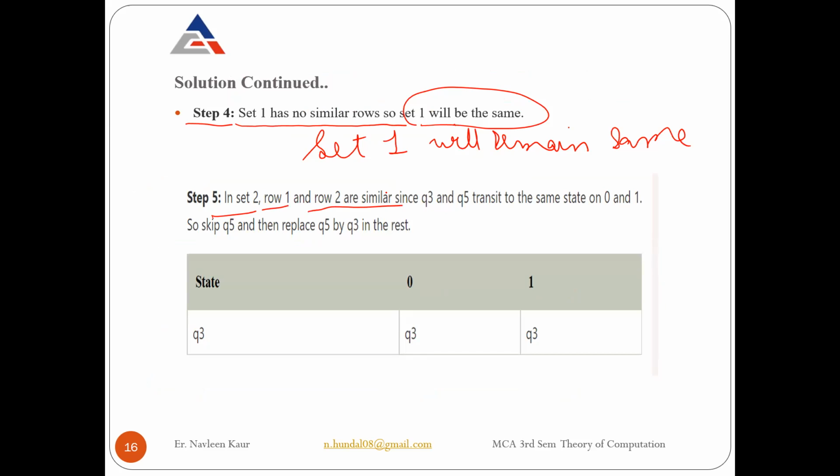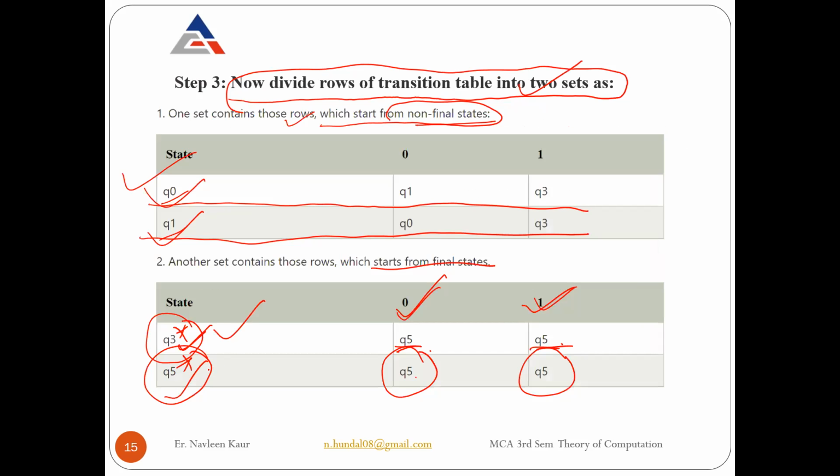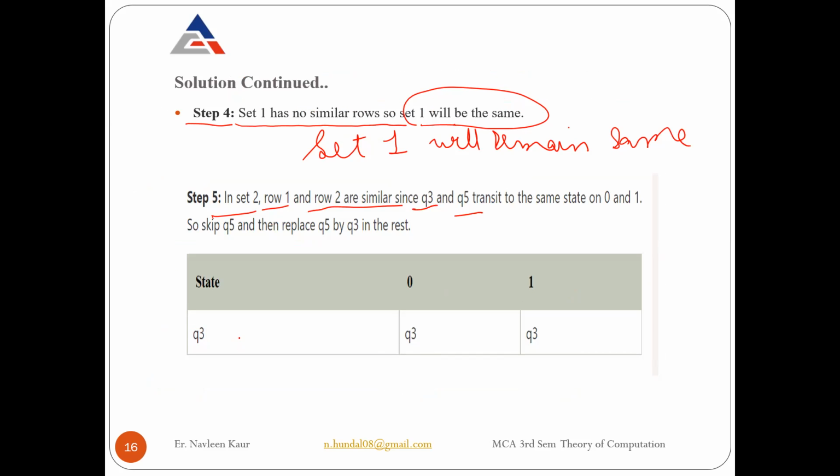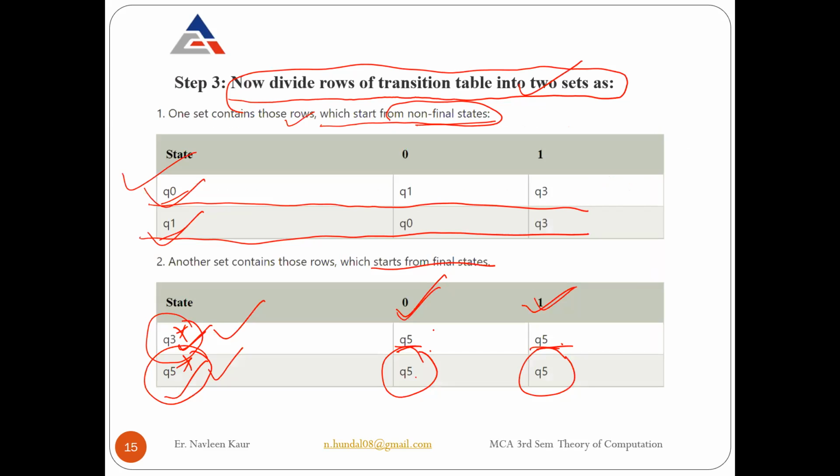How are they similar? Because Q3 and Q5 transit to the same state when they get 0 and 1. Which state are they transiting to? Q3 is transiting to Q5 on getting 0, and on getting 1 it is also transiting to Q5.